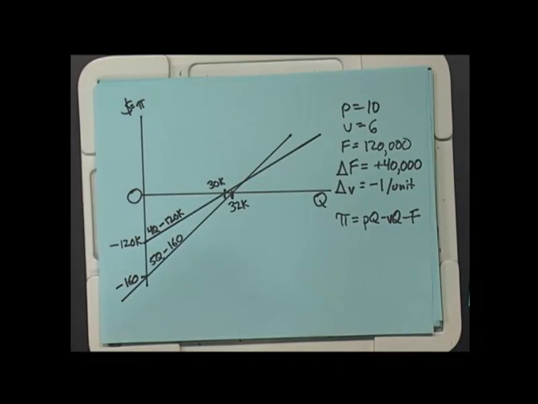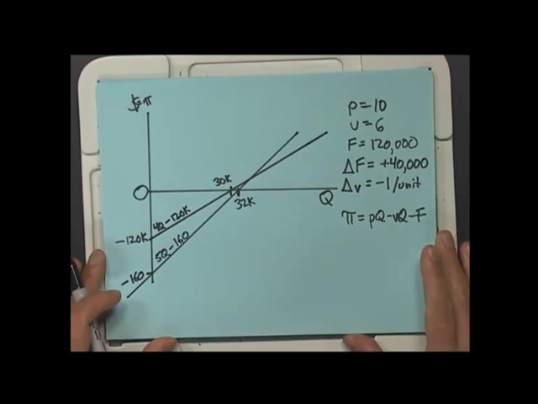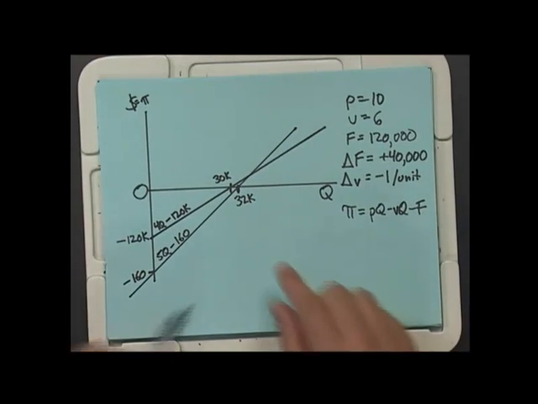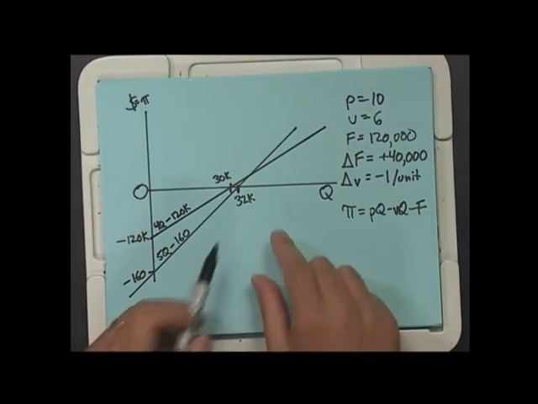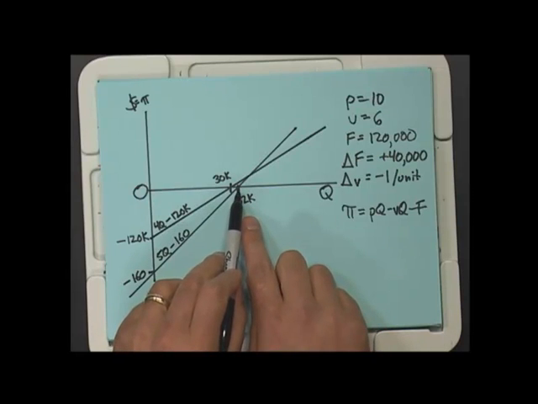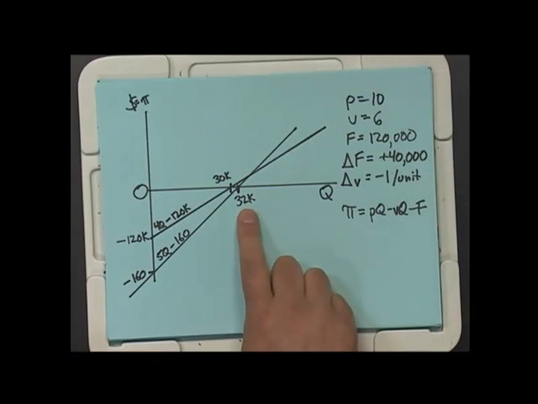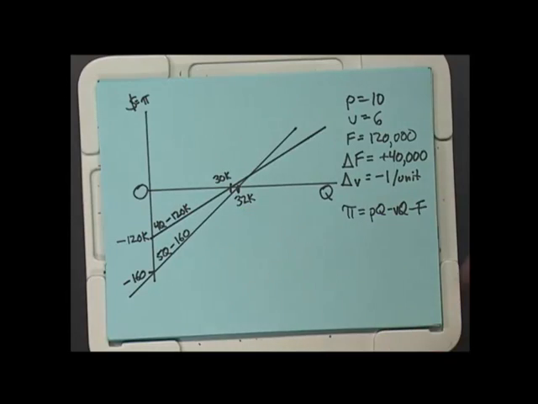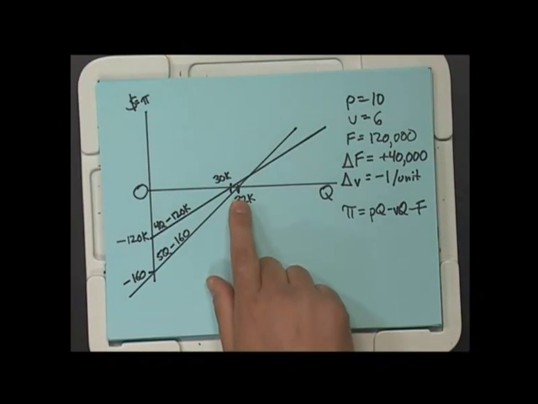Here's the big mistake that everyone makes. Not everyone, I'd say about half the people, is that they say the answer to the question is we should go ahead with this investment if we have at least 32,000 units of production.